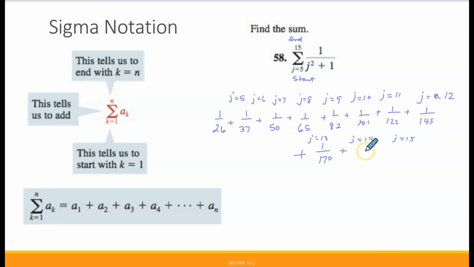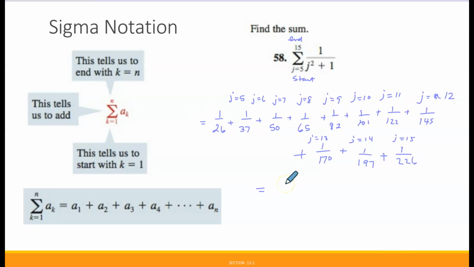If we take 14 squared, 14 squared becomes 196, so that would be 197. 15 squared is 225, so that would be 226. And then we have to add all that together.